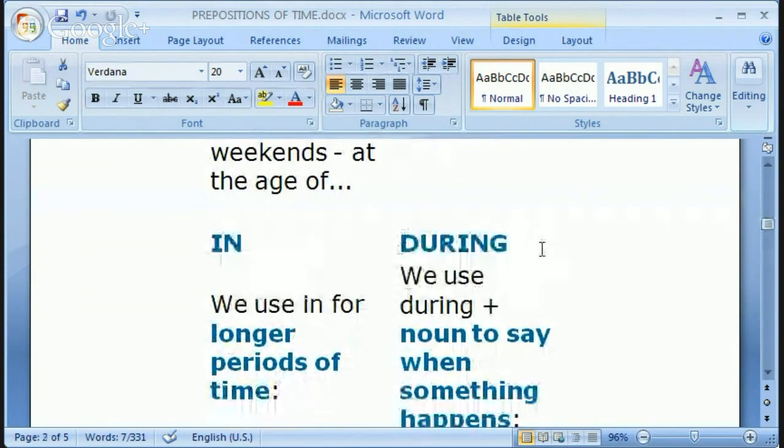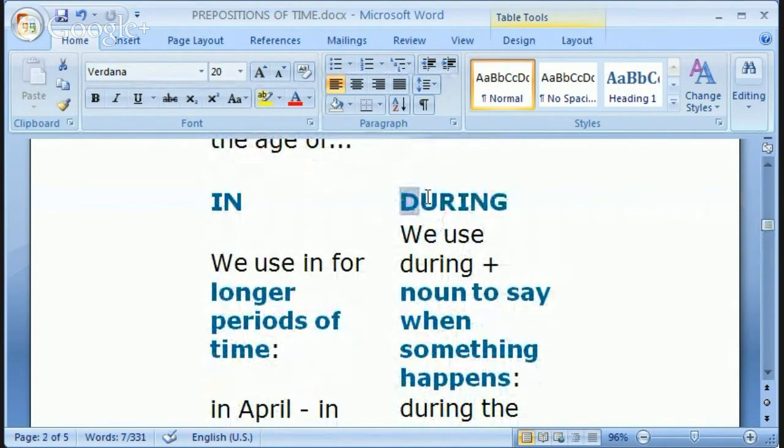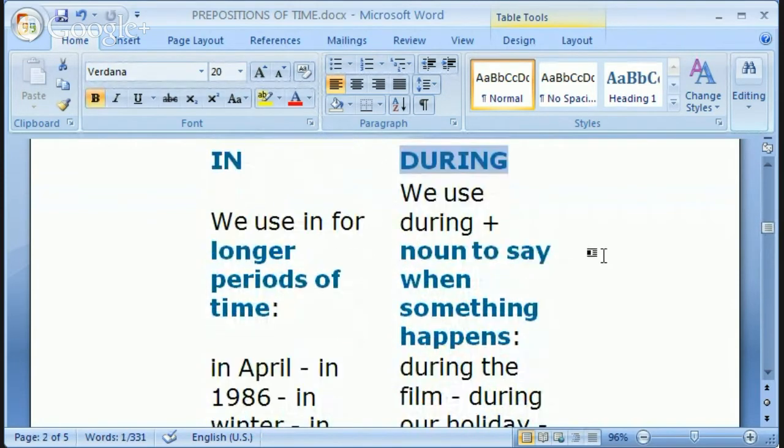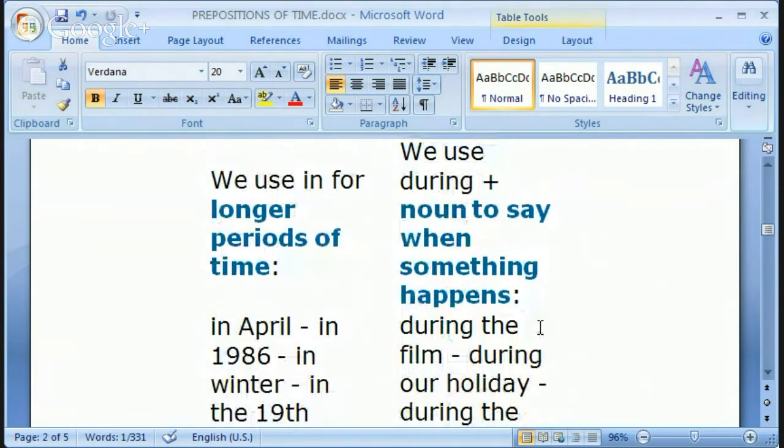Related, but used slightly differently, is during. We use during plus a noun to say when something happens, to express when something happens at the same time.